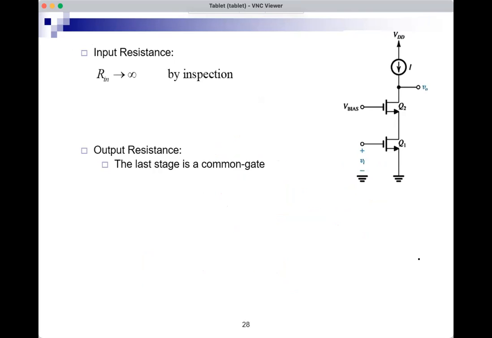So for the output resistance, we did an analysis for that. But if I is ideal and I want the output resistance looking into the drain of Q2, when I'm doing output resistance calculation, VI is 0, so no signal at the input. So no signal here, no signal here because it's a pure DC.